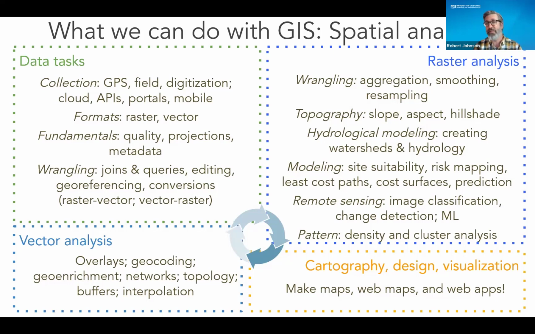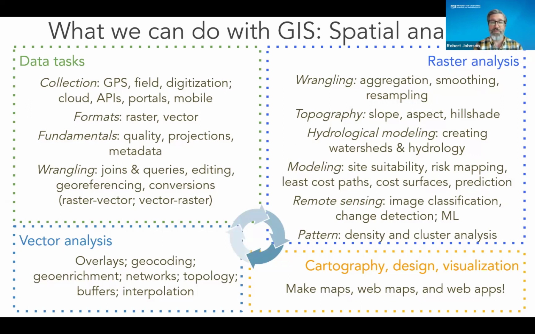You can get slope out of that, and aspect, which is essentially the direction your land surface is facing. You can create nice looking hill shades to use for cartographic purposes. You can model a lot of things using rasters, whether it's hydrology or site suitability surfaces. And you can also do some machine learning on remotely sensed data sets to classify data or do change detection. There's lots of really cool stuff coming out with a lot of these AI tools that are being developed.